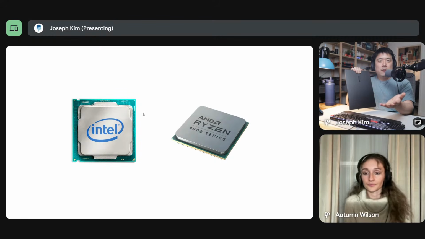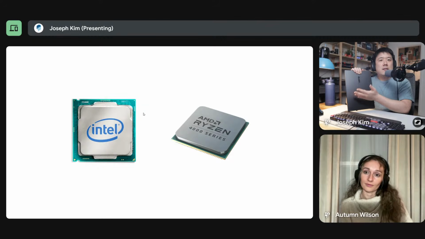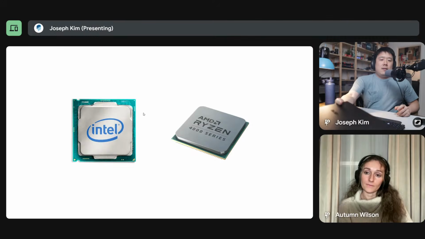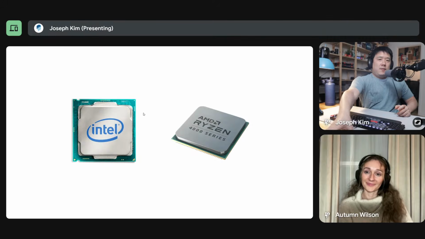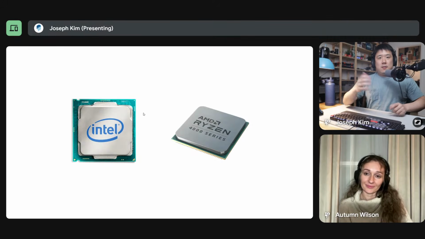Because if you were to put a regular desktop CPU inside of a laptop, it is expecting more power and it is just going to struggle. So they put in something that is efficient, not necessarily cheaper, but efficient enough to perform with less power. It's like getting a big truck with a V8 in it versus a V4.